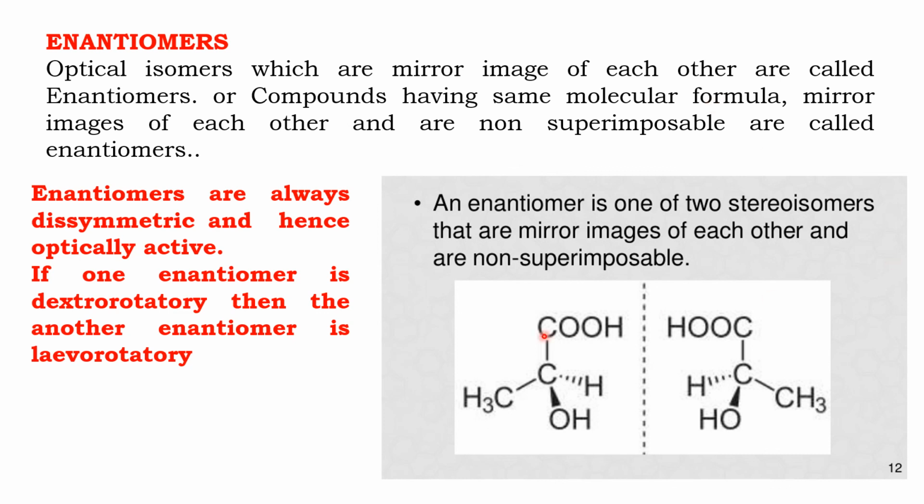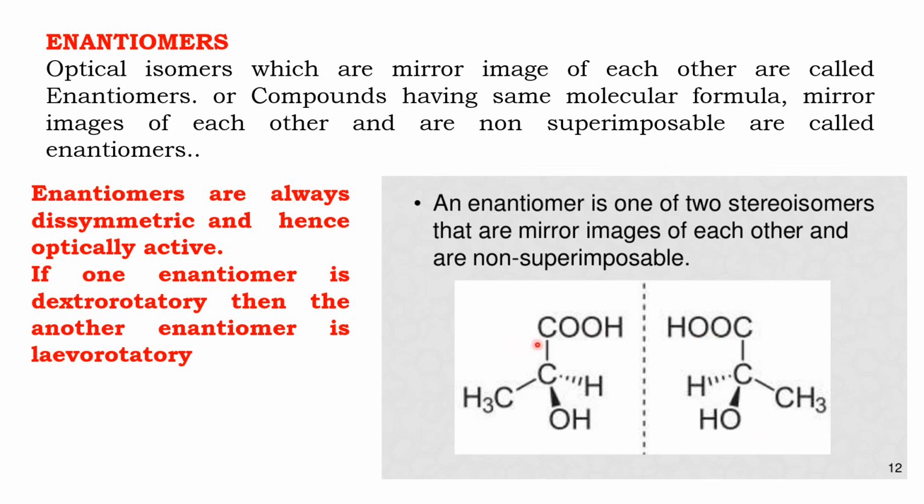See here, this is an example that I showed you earlier. This is lactic acid. This is the mirror image of lactic acid. These two are non-superimposable to each other. But see here, this molecule exists and this molecule exists.